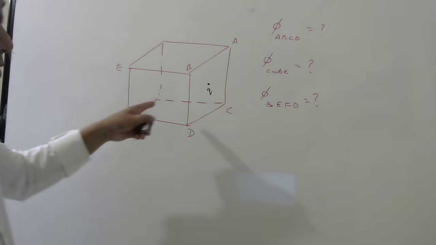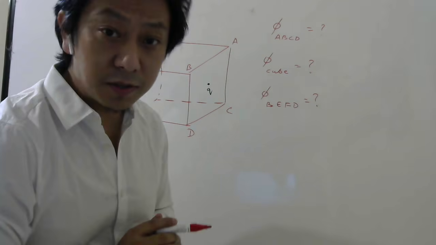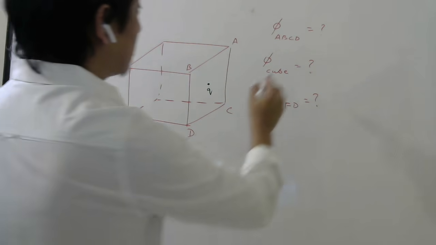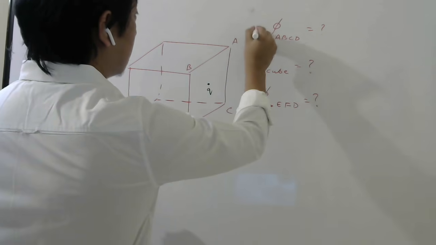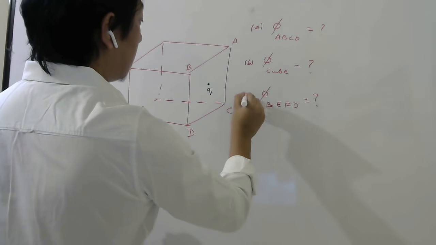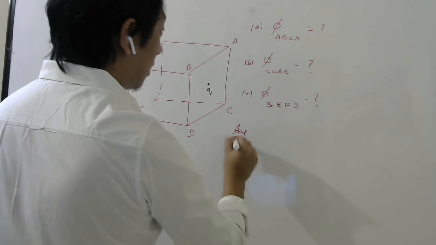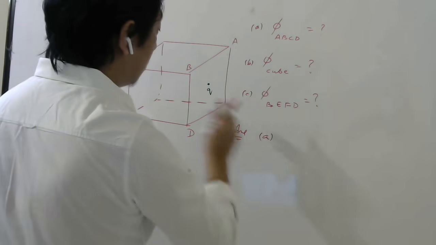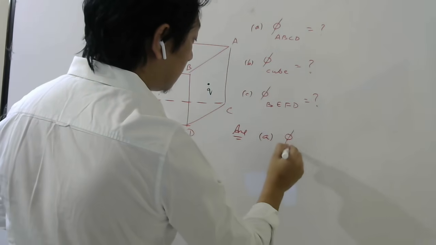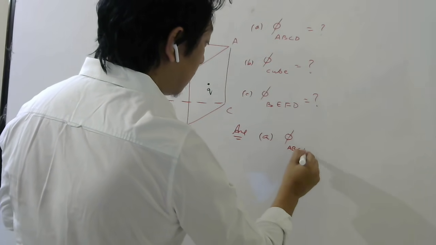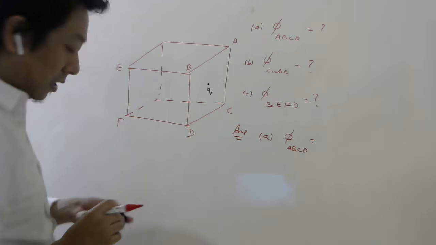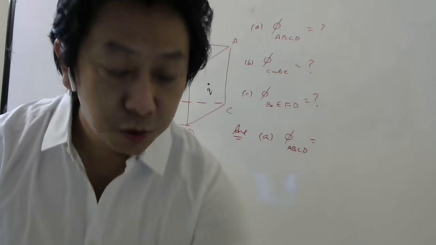Now, this kind of question we did last class also, right? So this is part A, part B, part C. Let us answer the first part, flux through this surface. Can you tell me what will be the flux through this surface? It should be zero.